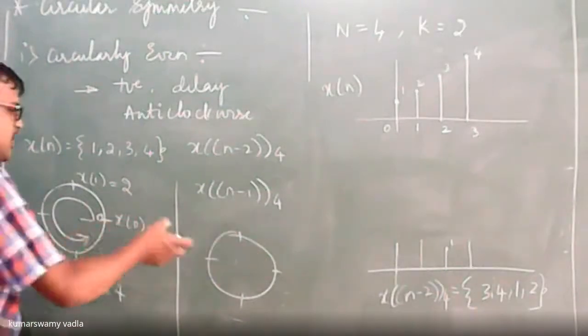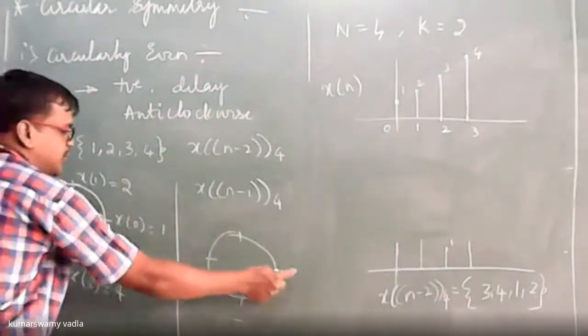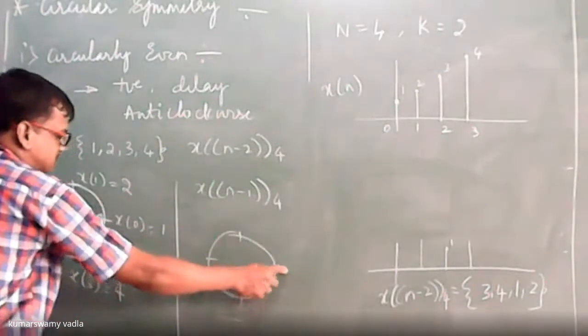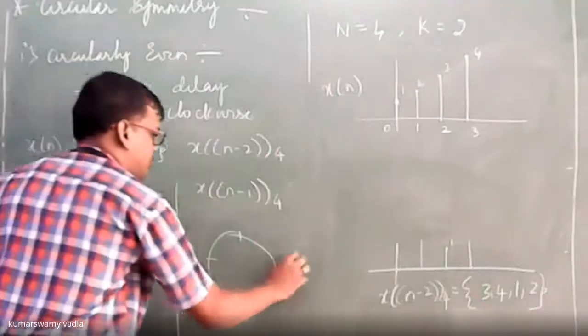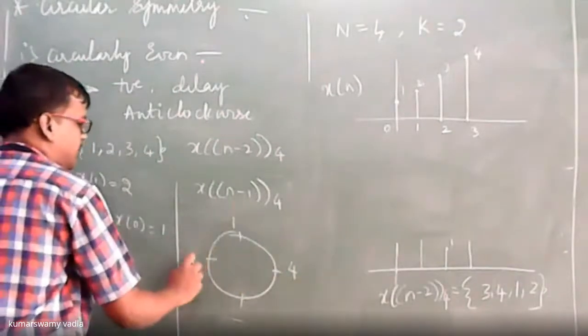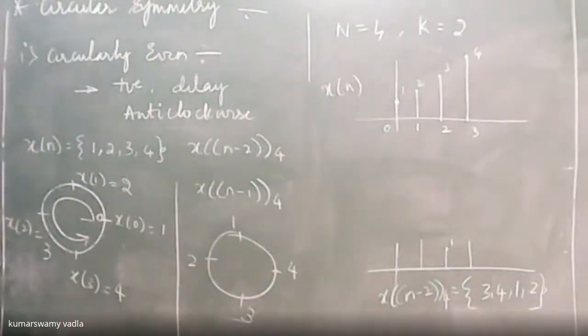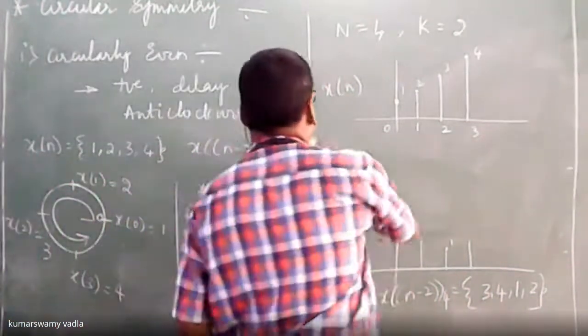So if you shift this anti-clockwise by 1 position, what value will you get here, students? 4, sir. Yeah, very good. 4. Then what about this? 1, 2, and 3. Is the point clear here, students? Next part.